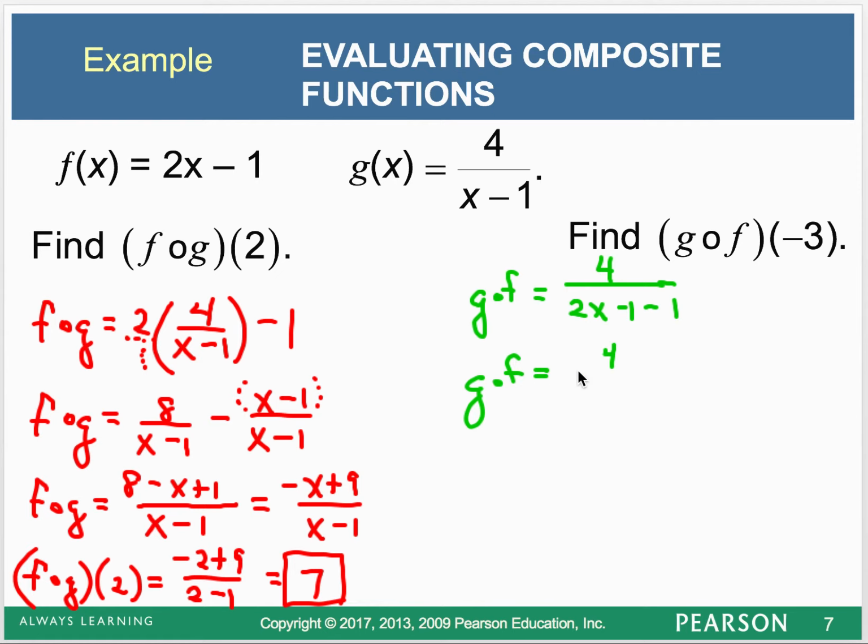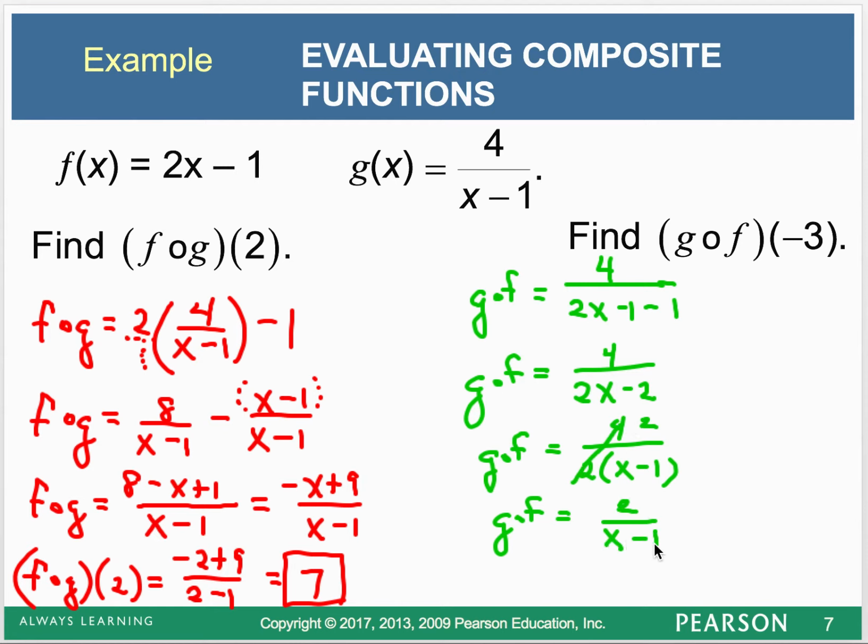So 4 over 2x minus 2. Look, they all have a factor of 2. So I can simplify that by factoring out that 2. Let's cancel this and make it 2 over x minus 1.